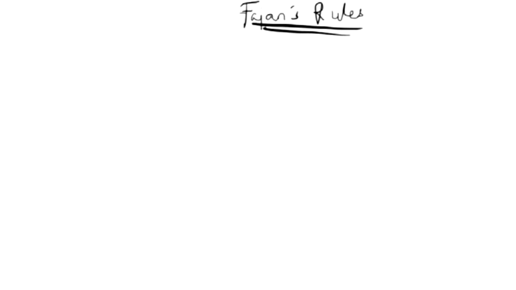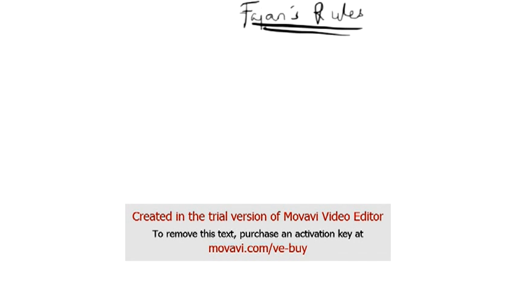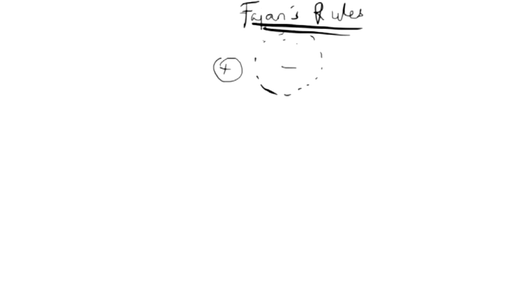Now, how do we get covalent character in ionic solids? It is very simple. Generally in any ionic solid you have the positive cations and the negative anions. Generally, the anions are bigger in size and they have a cloud of electrons around them.